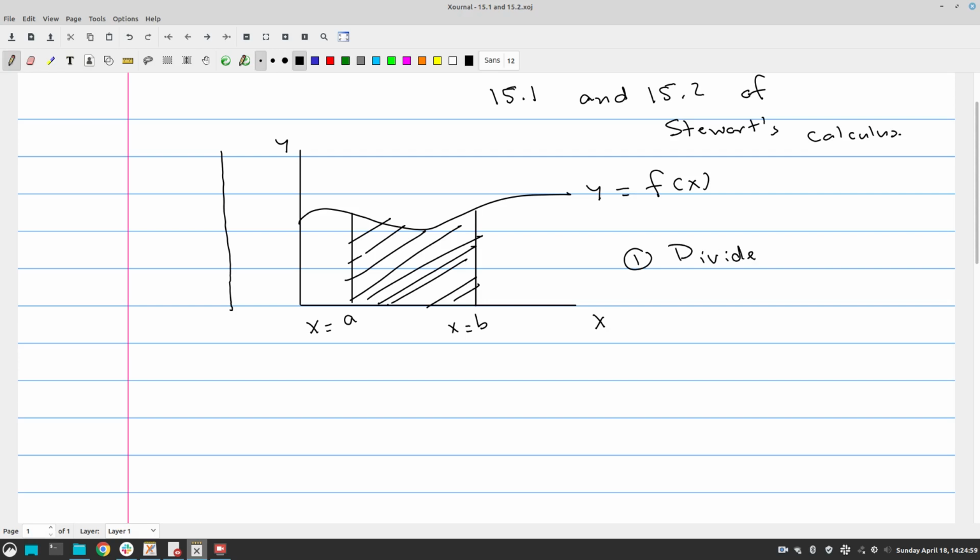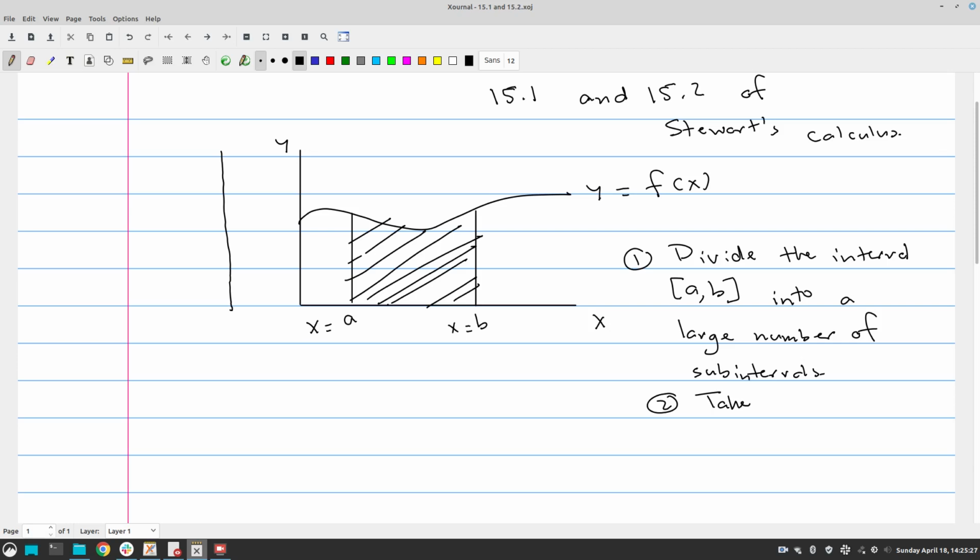Divide the interval [a, b] into a large number of subintervals. Okay, so let's do the first step.